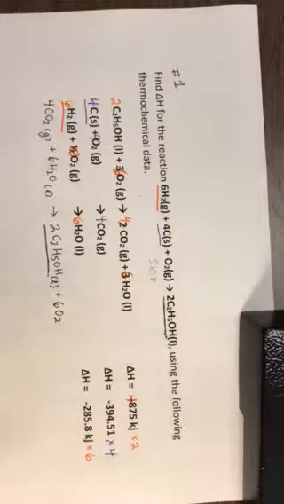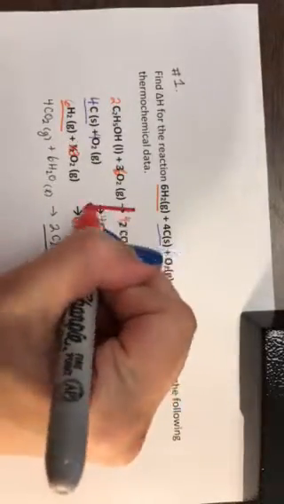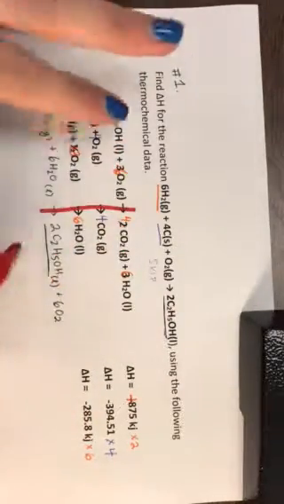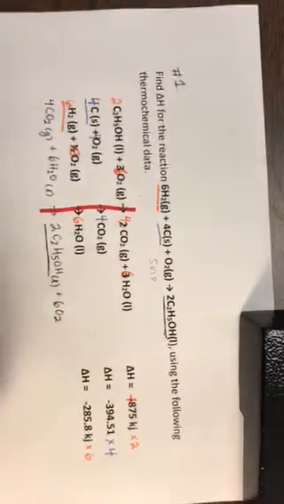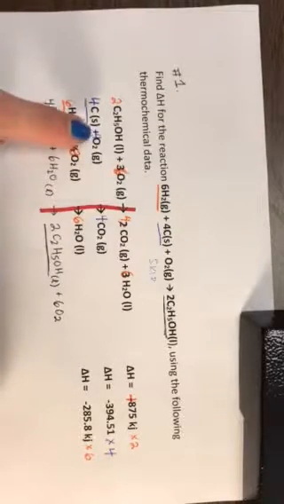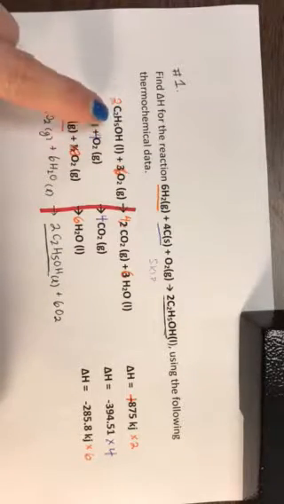So now the last thing left is oxygen. Now what you want to remember is that I like to draw a line here to separate this. You can cancel things out if you have the same thing on both sides of the line, so the same thing on the reactant side as you do on the product side. On this side of the equation, we now have 4 plus 3.